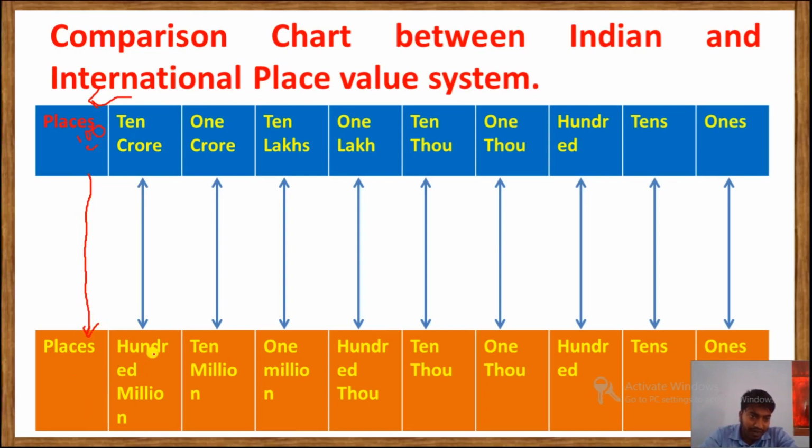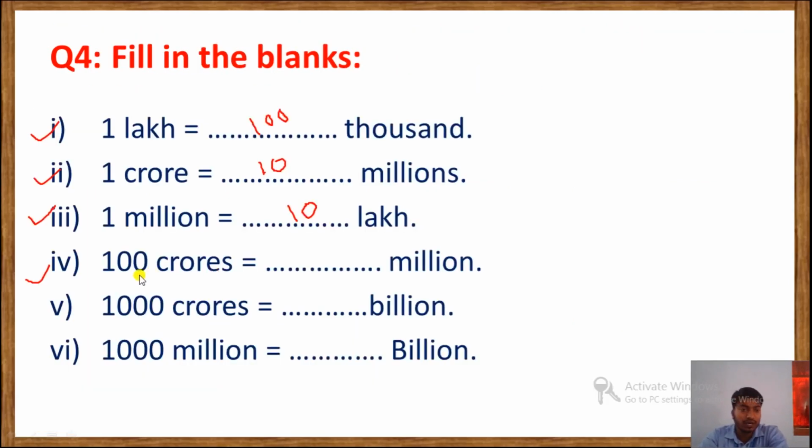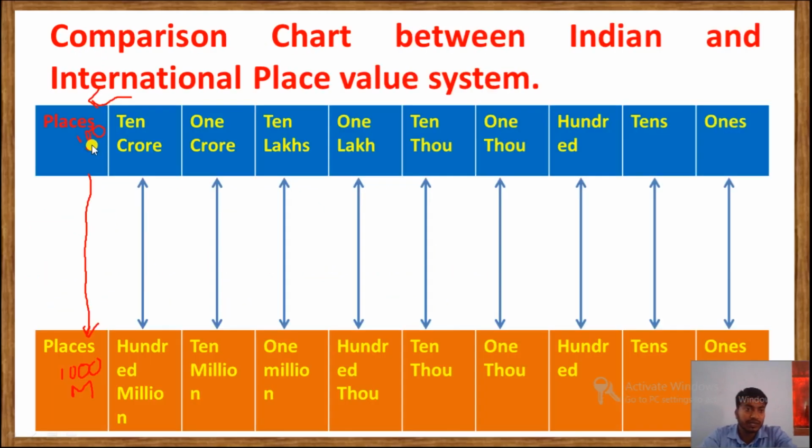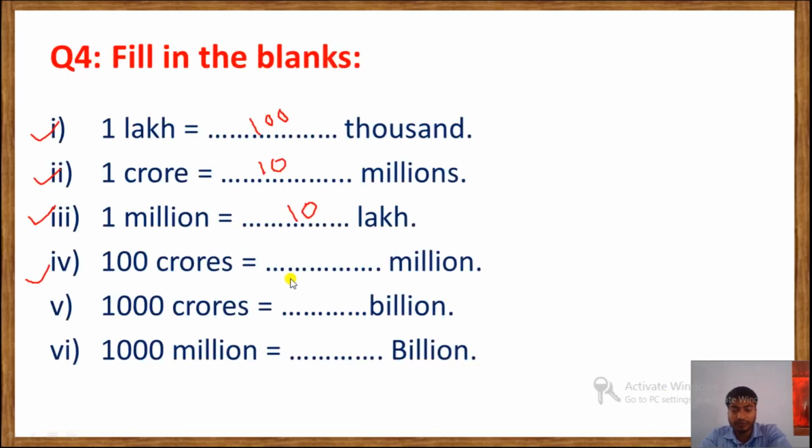Here we have 100 million, so this will be 1000 million, and 1000 million is equal to 1 billion. So 100 crore is equal to 1000 million. Okay, now come to this question.